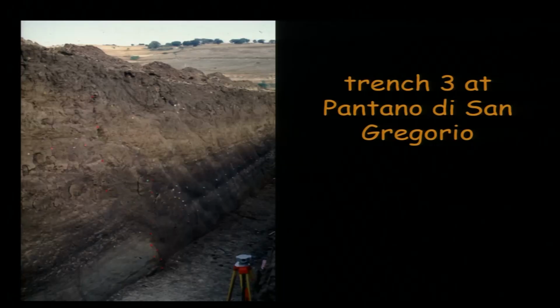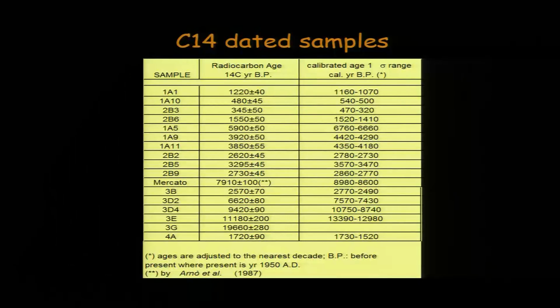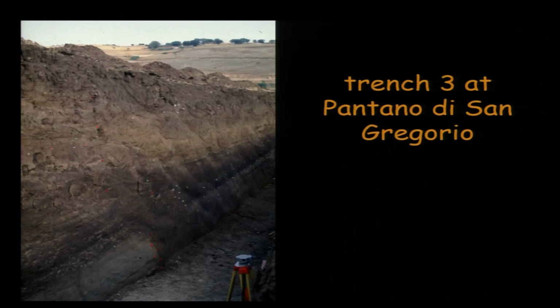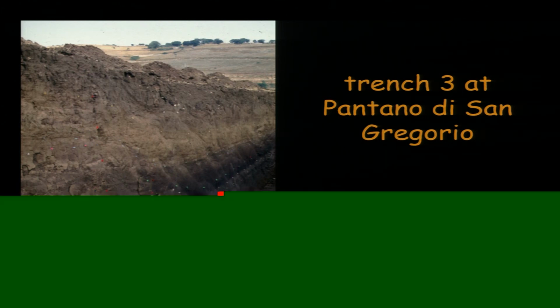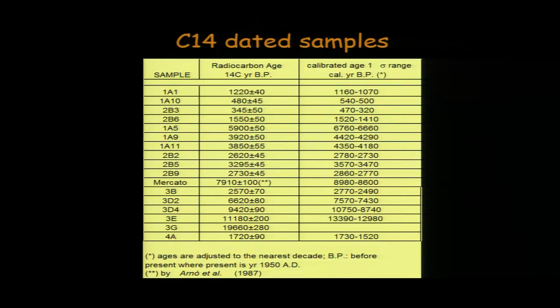Now further, trench 3, and so several trenches were done, and based on that and the ages which were compiled, this shows a very beautiful fault here again, displacing the blackish unit. So several ages were obtained, and the radiocarbon ages were calibrated, and then you have the ages in before present.